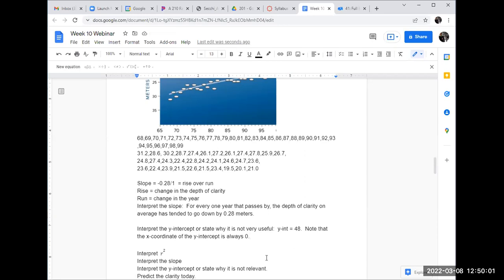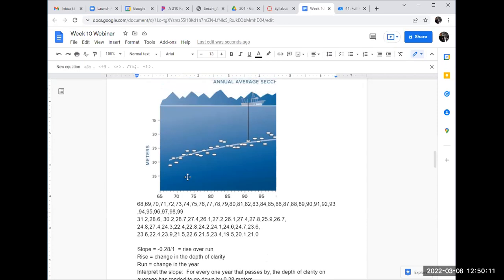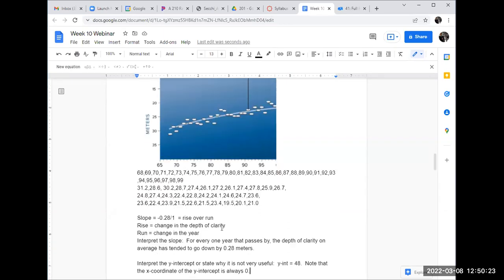Okay, so is this very useful? Because the x coordinate in this case corresponds to the year. Do you really think that we should be using this data to predict the year 0? Yeah, probably not.